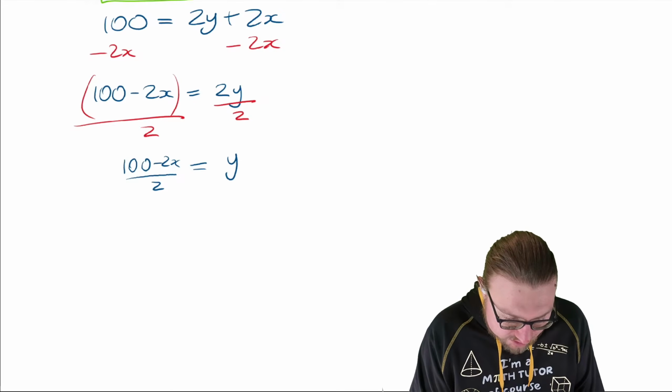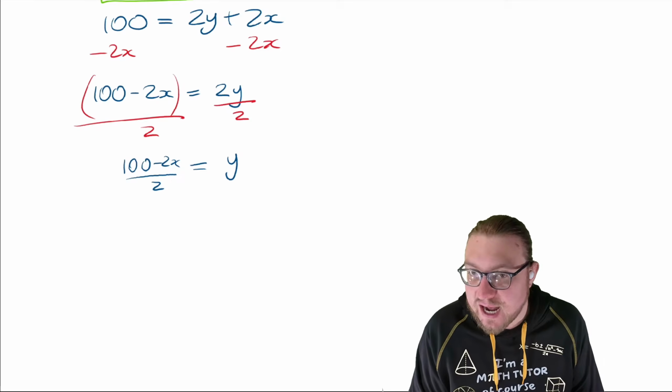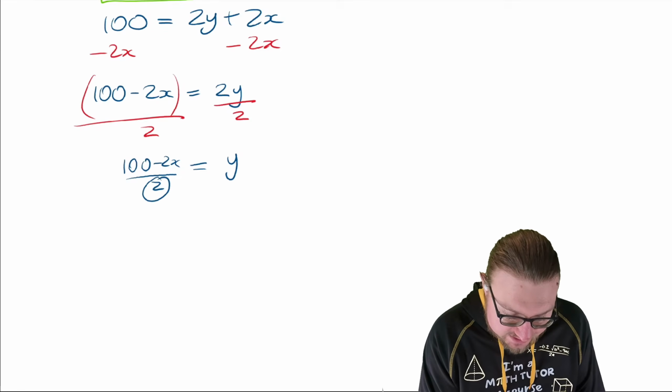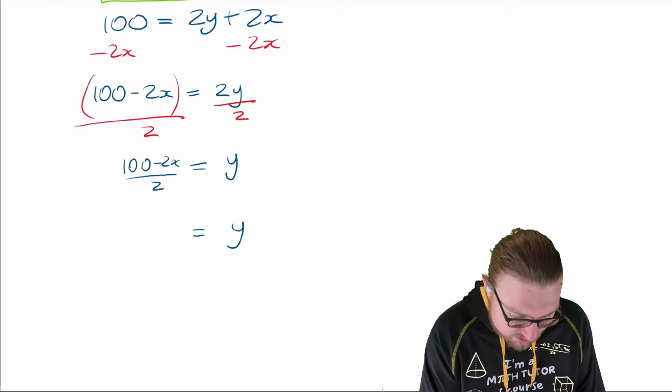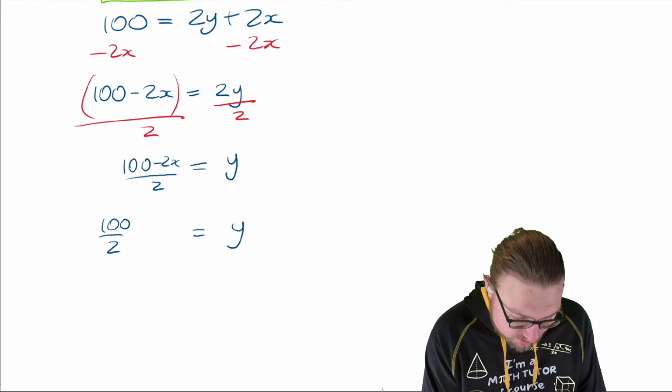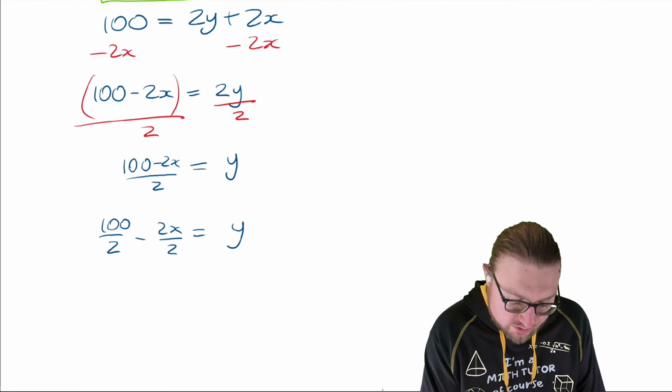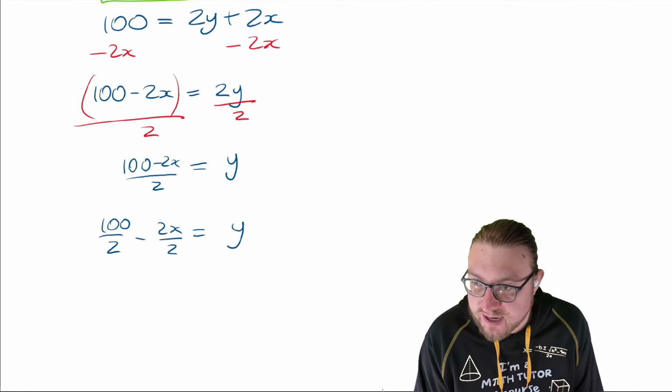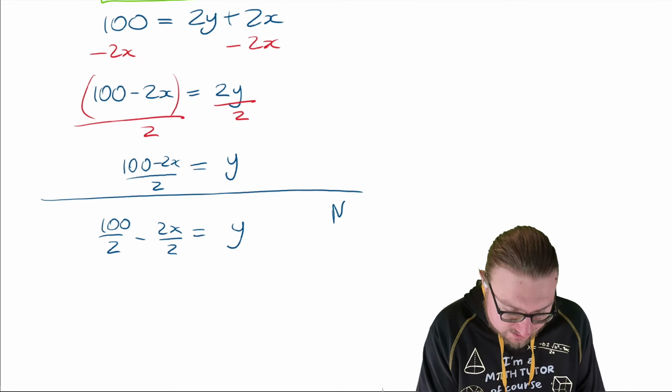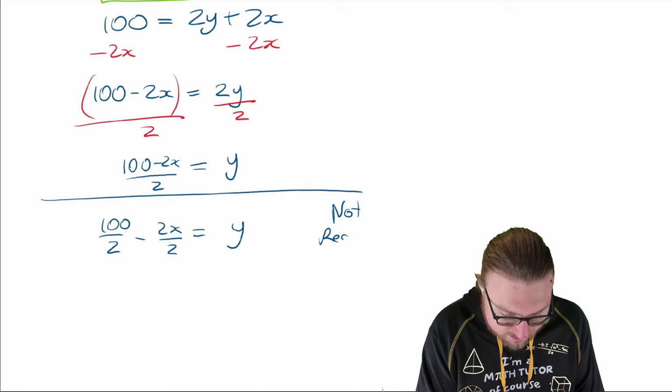If you really wanted to, you could split this in half because we have just a number at the bottom, and you can do 100 over 2 minus 2x over 2, and then we can simplify, but this is here not required. So this is not required for a mark.